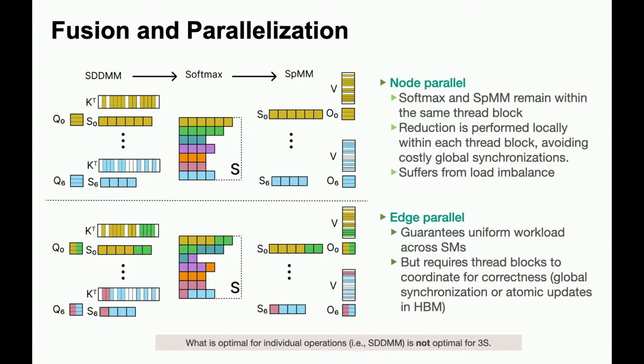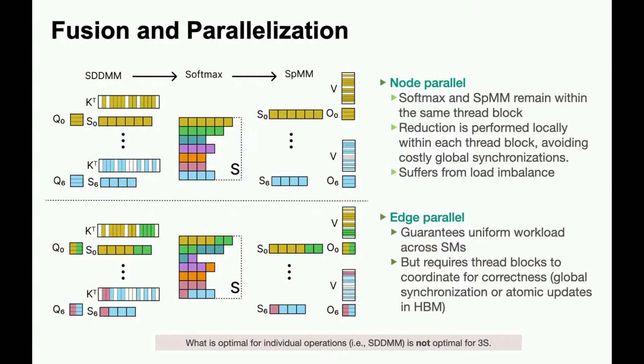But this is not optimal for doing softmax because softmax has to do a row-wise normalization. And I need data from two different thread blocks, which means I have to go to global memory. Or I need to move to a richer university where I have access to Hopper and Blackwell, right? And if you're using SpMM, then node parallel is the more natural way of implementing it. So there's a tension: what is optimal for one algorithm is not optimal for the other.